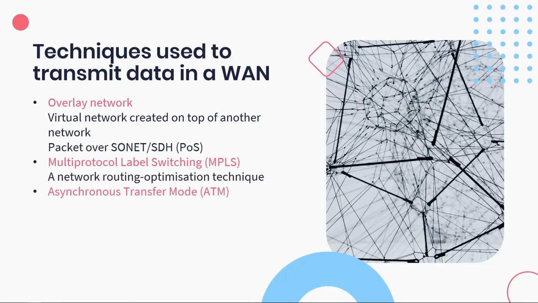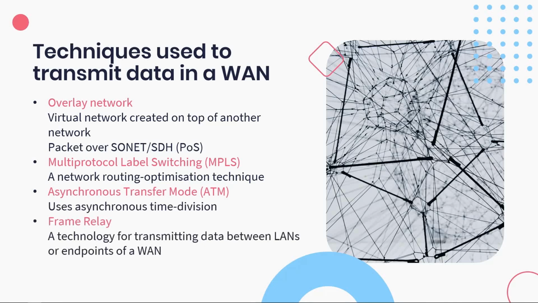Asynchronous transfer mode uses asynchronous time division multiplexing to encode data into small fixed-sized cells. And then frame relay is a technology for transmitting data between LANs or endpoints of a WAN. These systems are often replaced by Ethernet WANs.